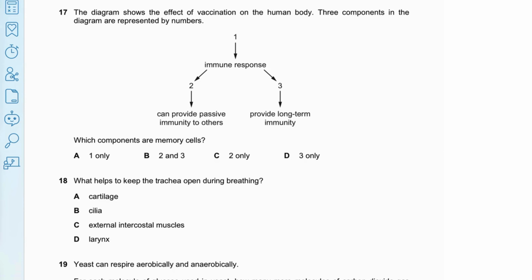17. The diagram shows the effect of vaccination on the human body. Three components in the diagram are represented by numbers. Number 1, when it comes, there is an immune response.